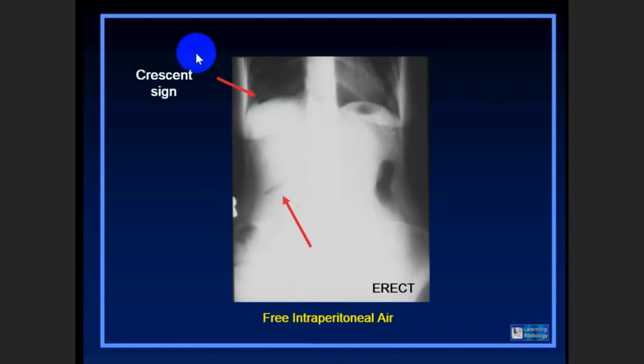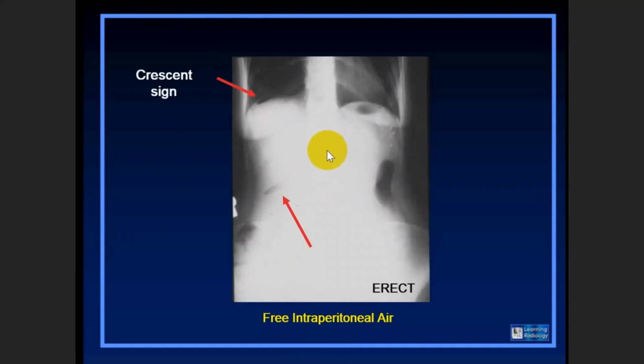Here, this is free air under the diaphragm within this crescent shape, and here free intraperitoneal air also between the bowel loops. And we have also this sign, which is called featureless abdomen.